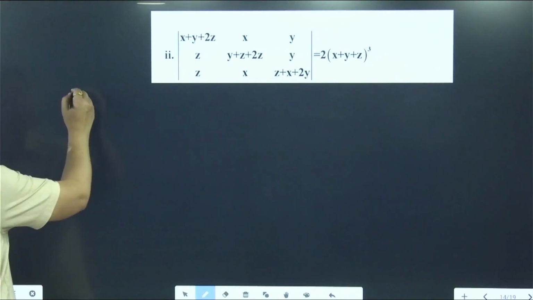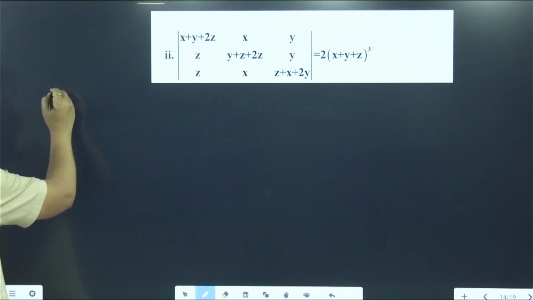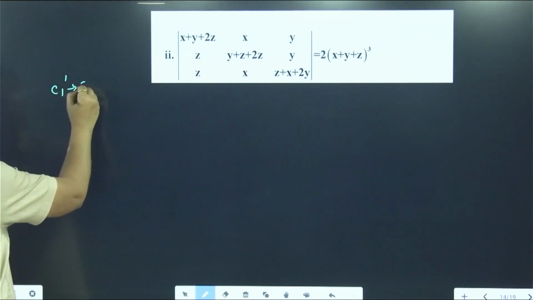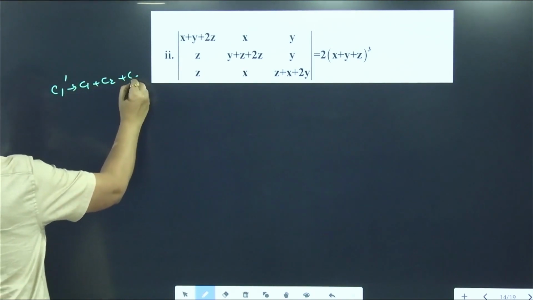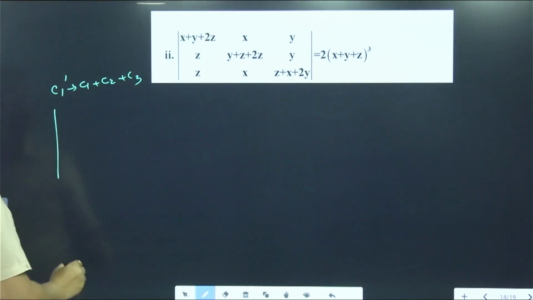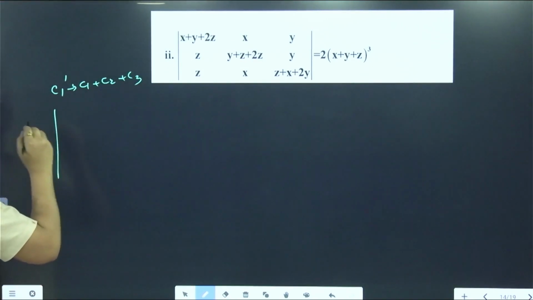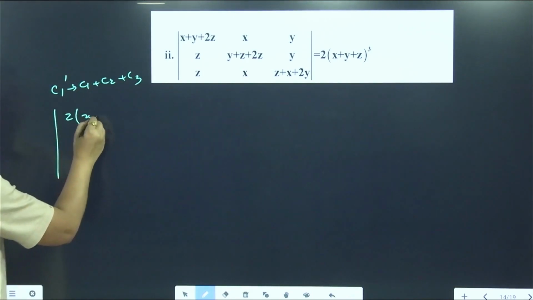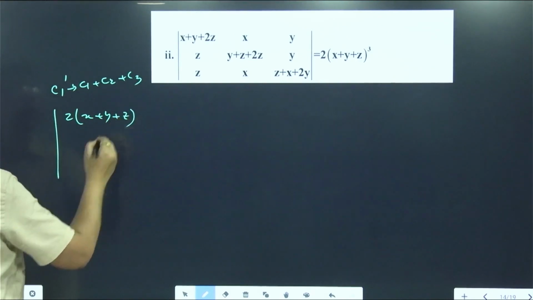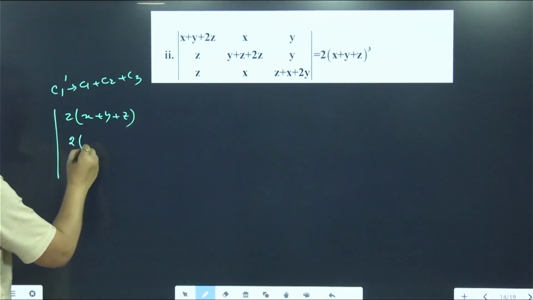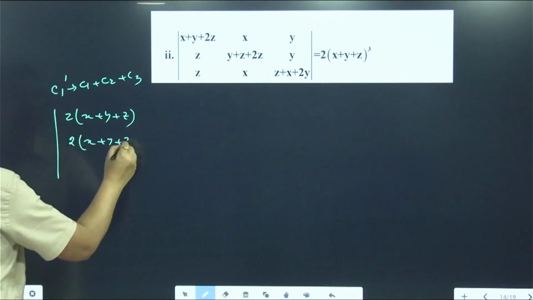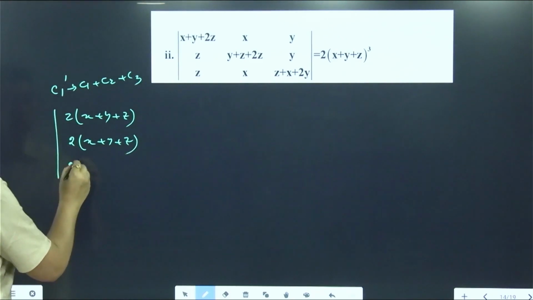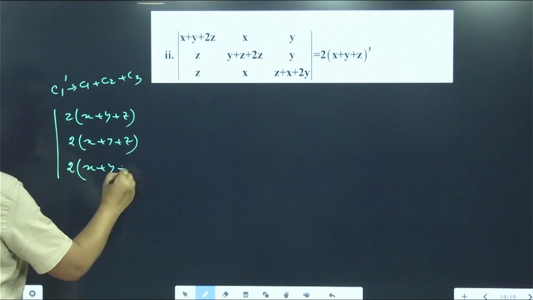I am applying on C1, C1 plus C2 plus C3. So, if we apply, what is coming here? X plus y plus 2x, 2 into x plus y plus z, and in this case 2 into x plus y plus z, in this case 2 into x plus y plus z.